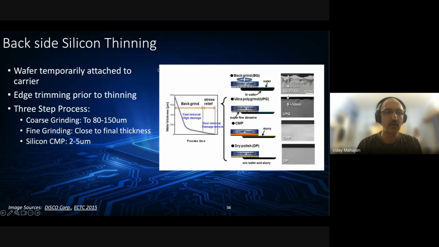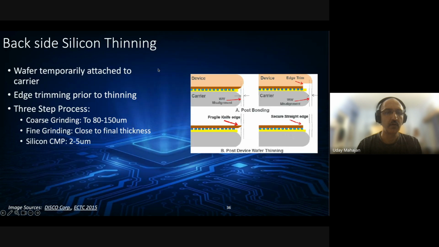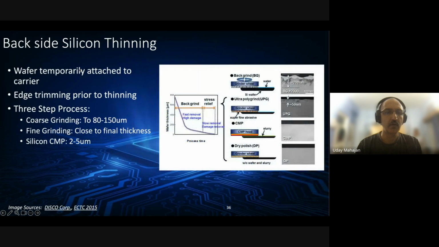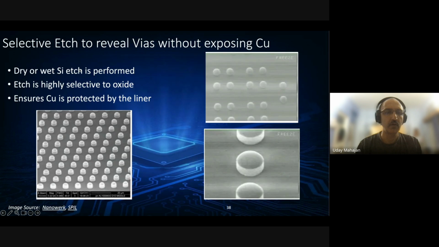So when you etch down here, after thinning it down, the etch has to be very, very selective, so it stops on the oxide and does not punch through the oxide into the copper.